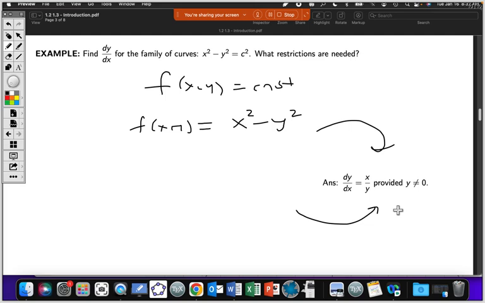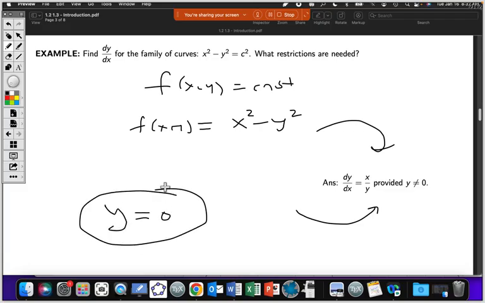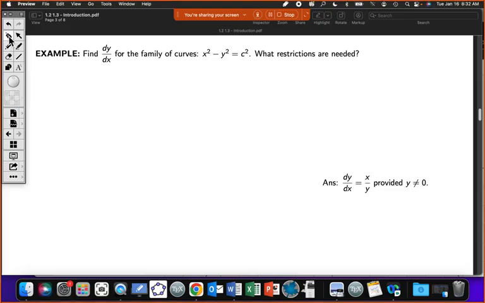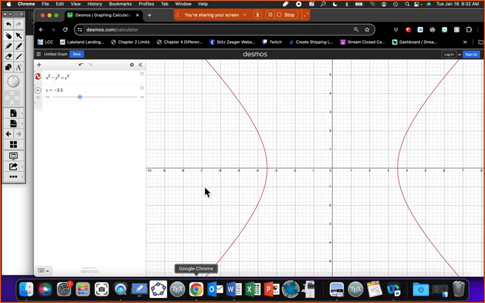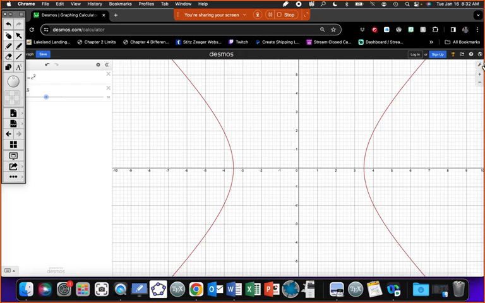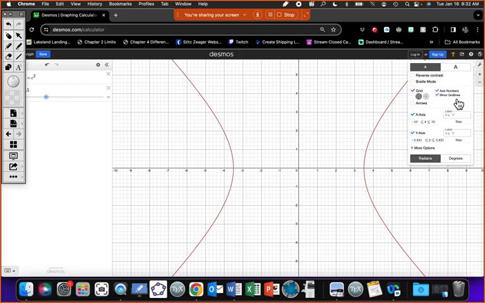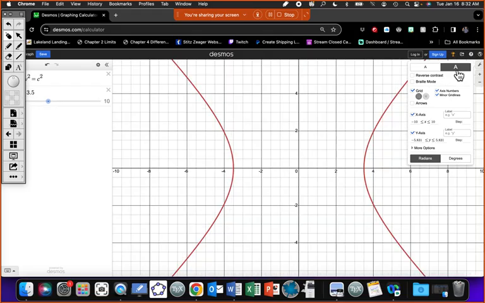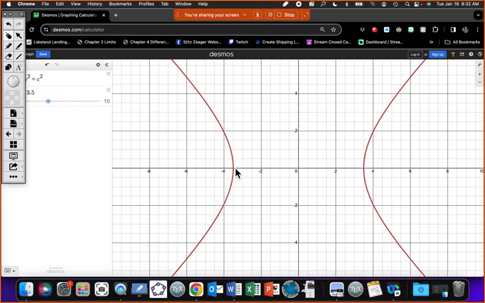as long as the denominator isn't 0. And if we look on the graph where y equals 0, that's going to be at these intercepts here. Thank you, Desmos. What kind of tangents do we got there, actually?